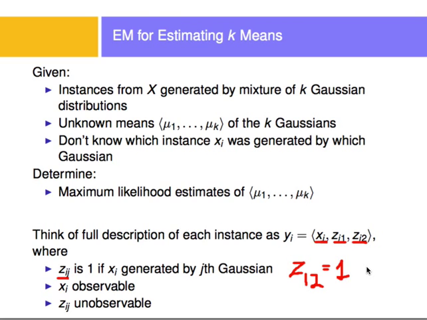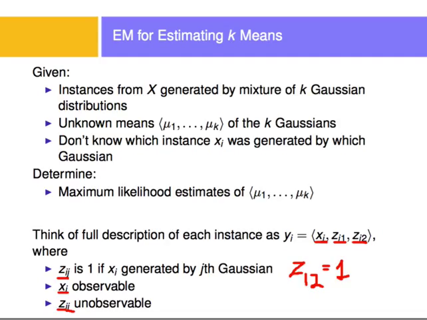It will be 0 if x_1 was generated by the first Gaussian. Now x_i is the observable data that we have, and we do not know these z_ij's, right? Which Gaussian generated which measurements. So that's the main problem.